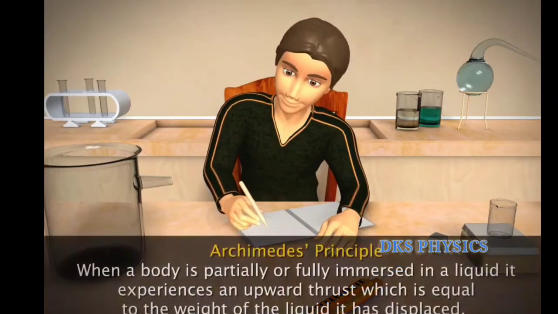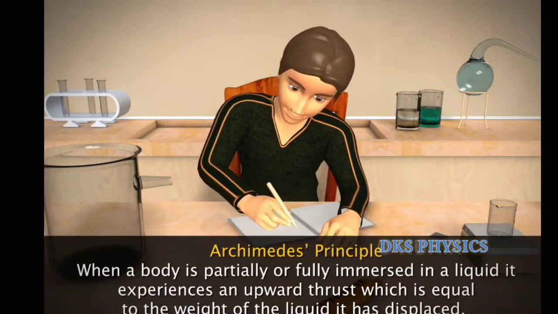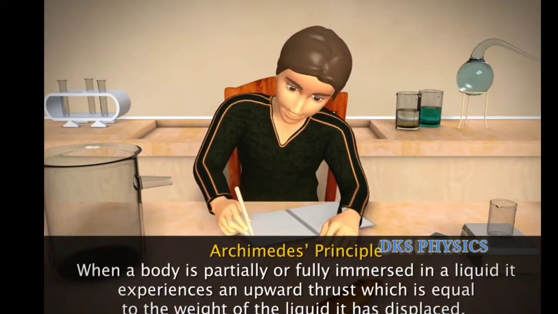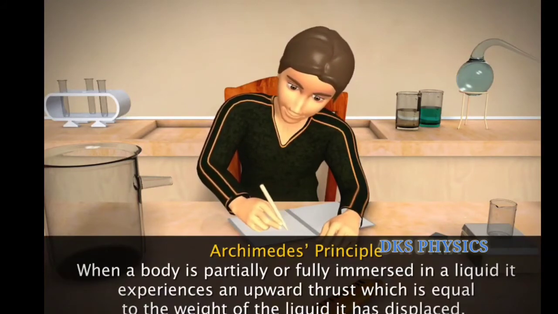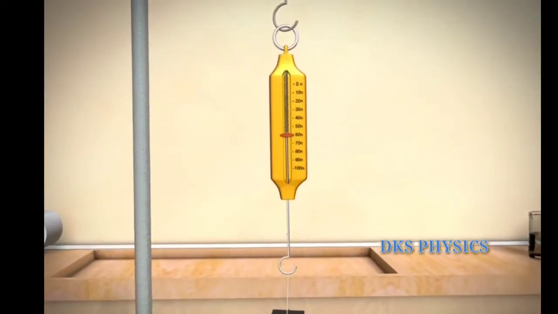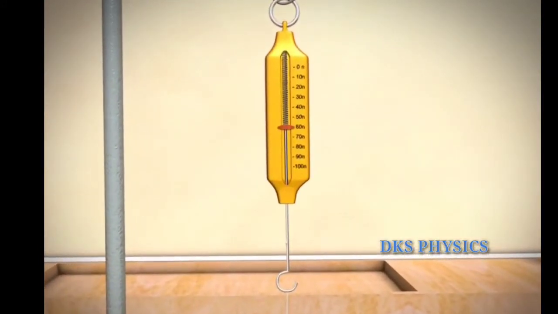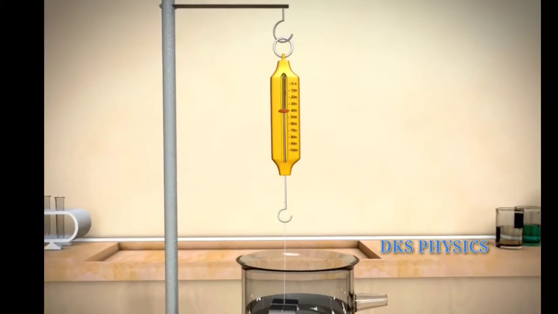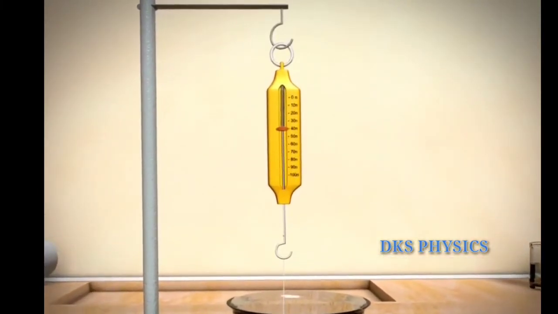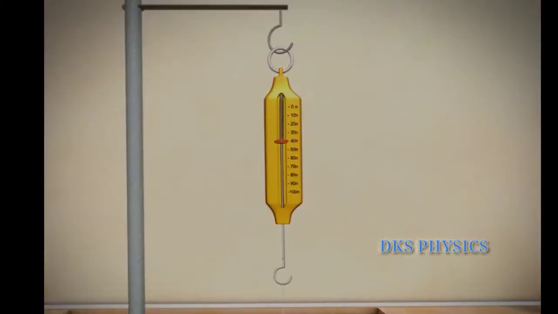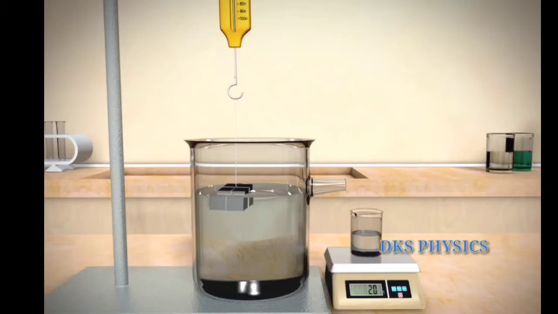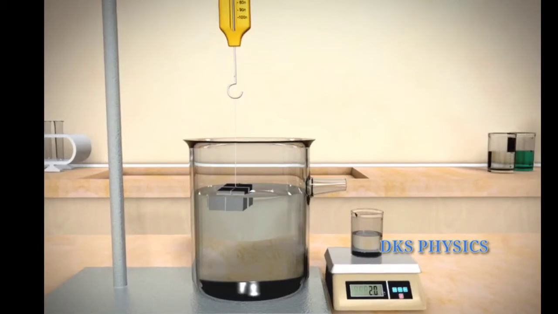Now recall Archimedes' principle. The cube weighs 60 Newton. When it is immersed in the liquid, its weight changes to 40 Newton. This is because it experiences an upthrust of 20 Newton.